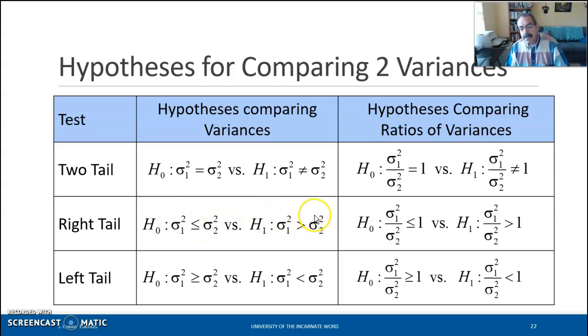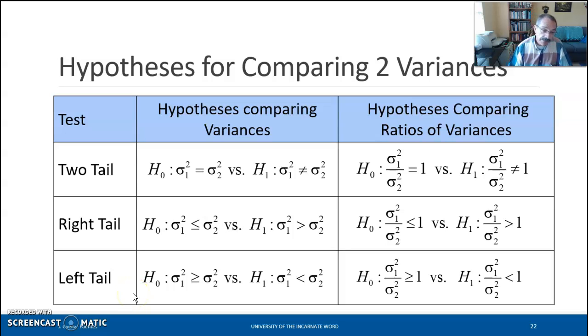Translating that into ratios, we have the ratio of the first variance to the second variance is less than or equal to 1, and then the ratio of the first variance to the second variance is larger than 1. So variance 1 is bigger than variance 2, so that ratio must be bigger than 1.